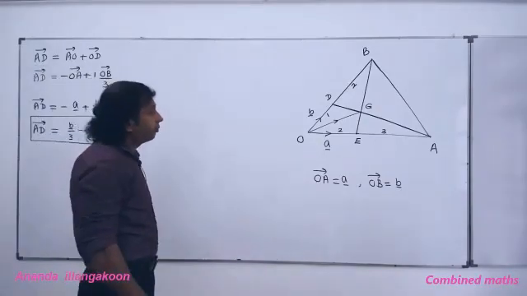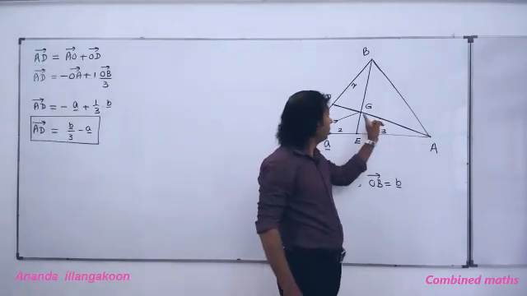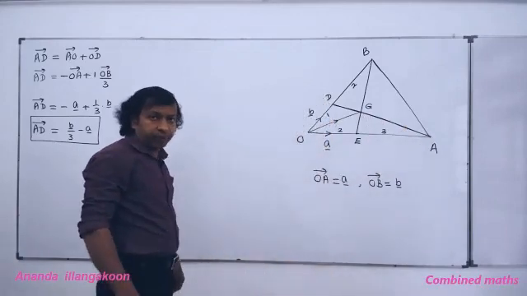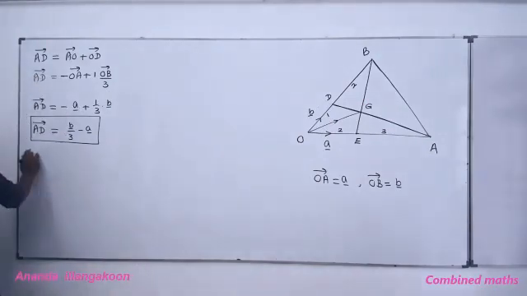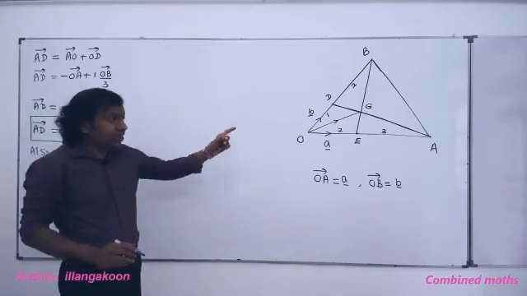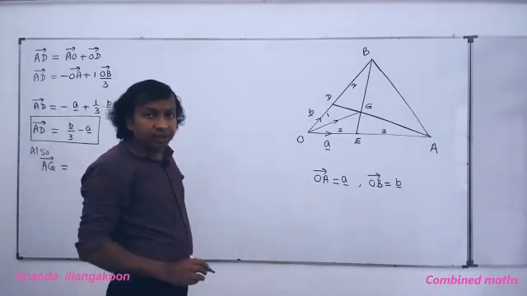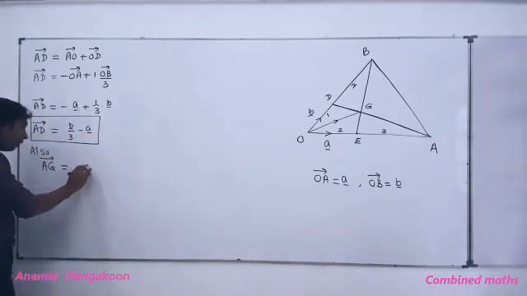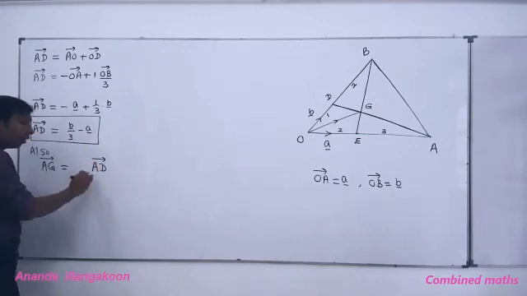Now, this AG vector you can write as a part of AD vector, as a multiple of AD vector. Since this AG is shorter than this AD, to get AG, AD must be multiplied by a real number.